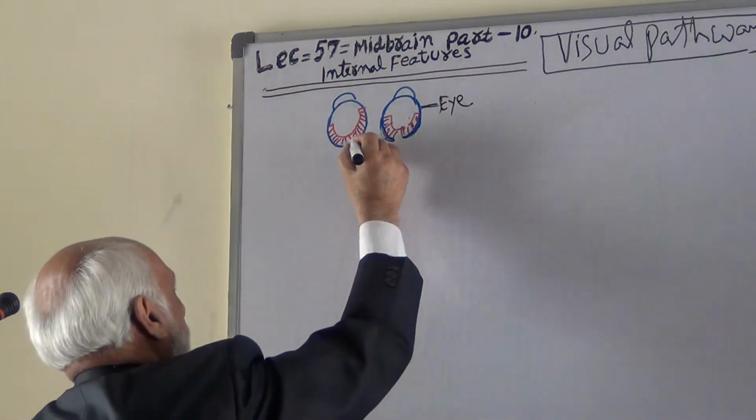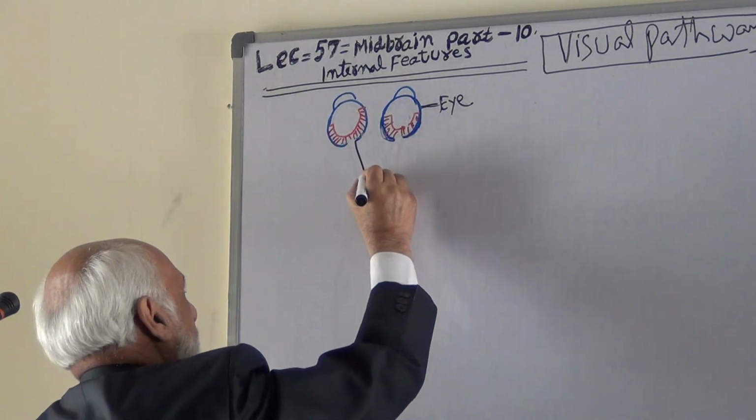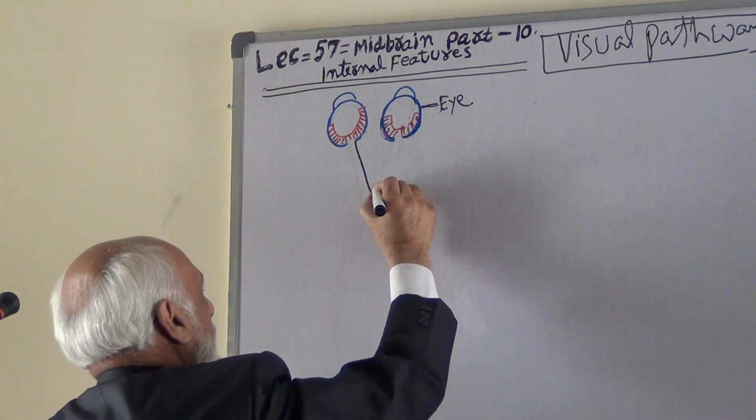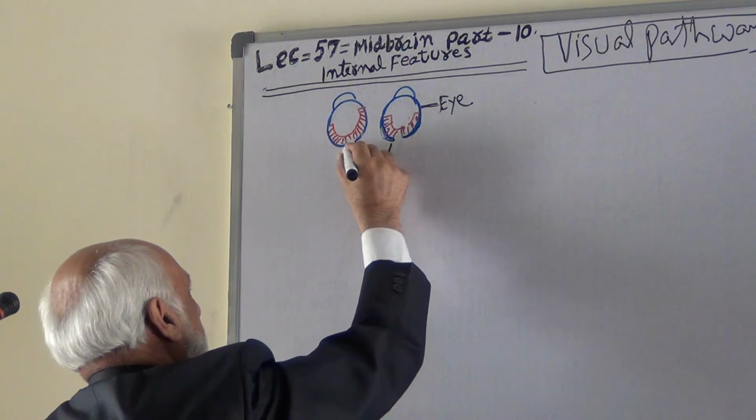Then from the eyeball, optic nerves arise, right and left optic nerves.